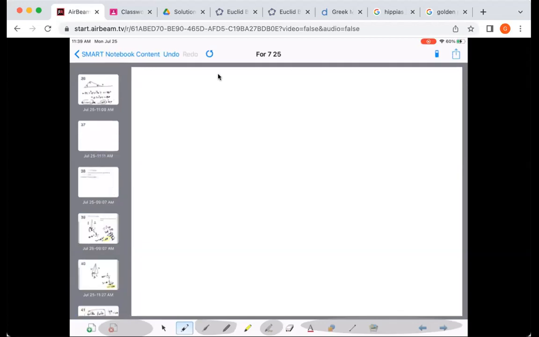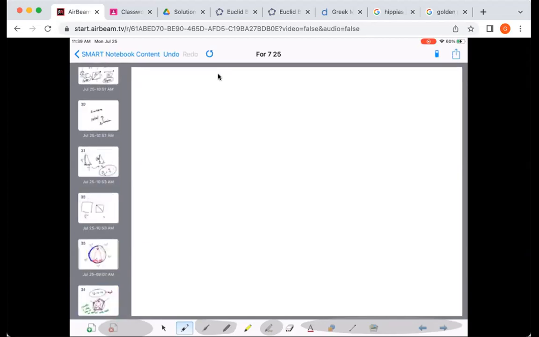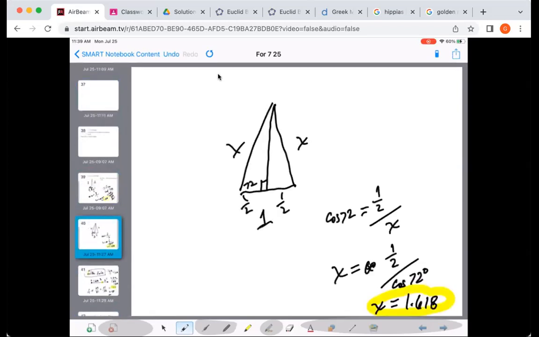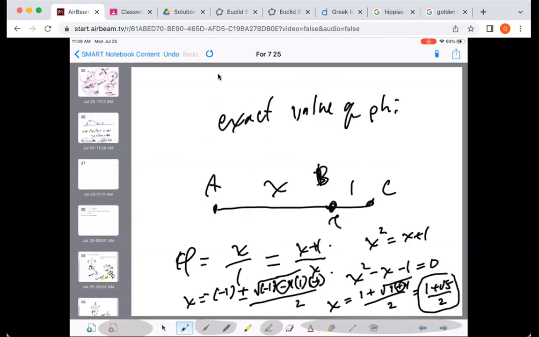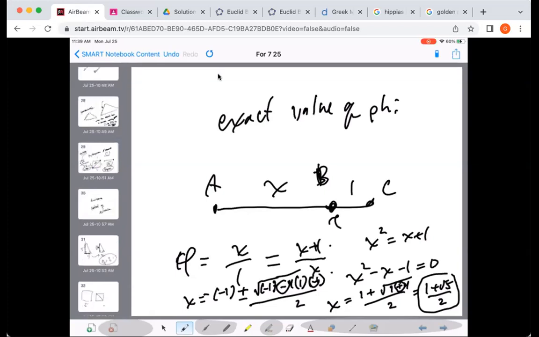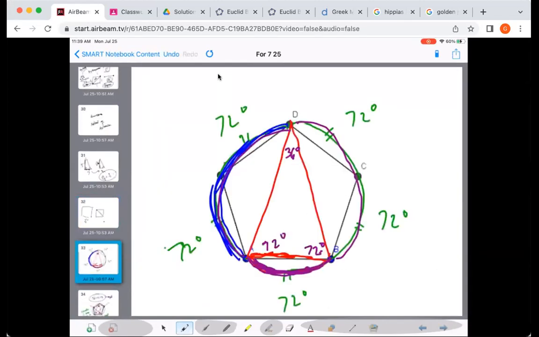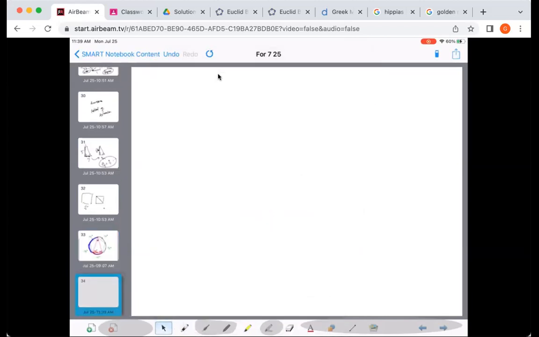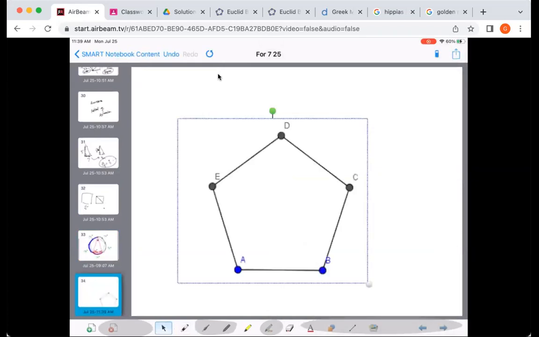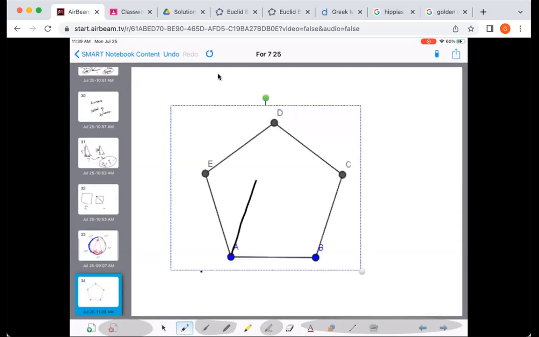If I take my big 36, 72, 72 triangle, okay, let me make a copy of it.